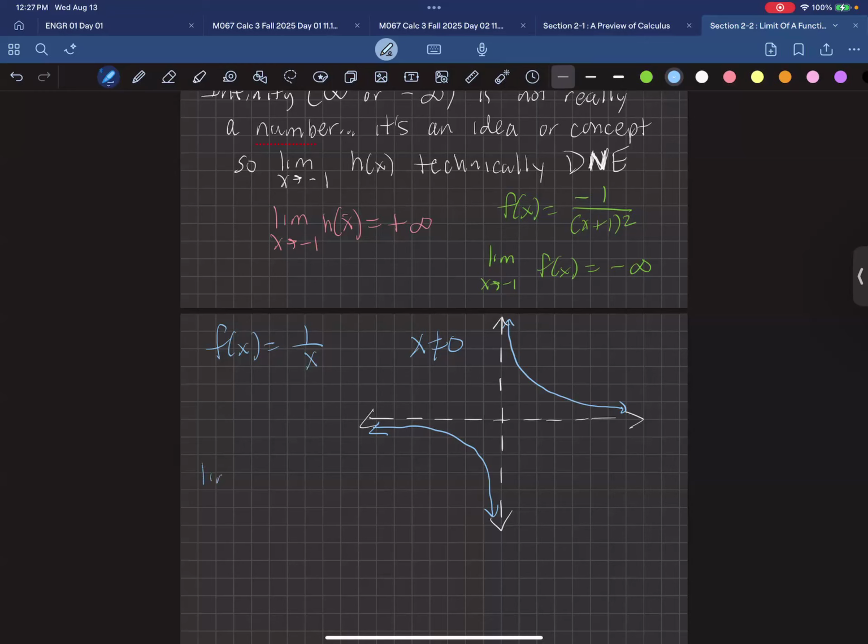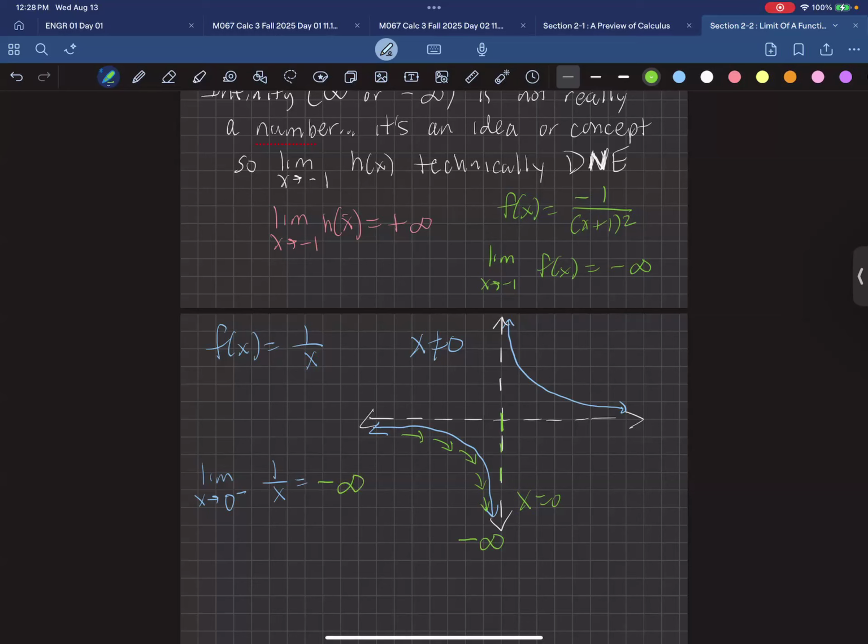So if I do the limit as x approaches 0 from the left of 1 over x, this is what's going on pictorially. I'm going this way, this way, this way. As I get closer to x equals 0, the vertical line right here, this is approaching negative infinity.